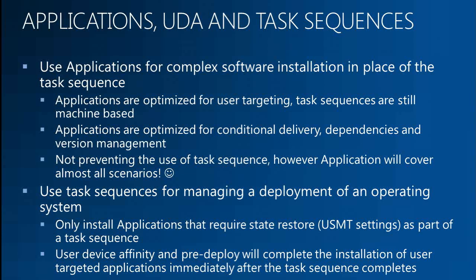The app model also provides you a rich monitoring experience: why it failed, whether it succeeded, what requirement rules failed, why this did not install because the detection method was not created appropriately, or was wrongly created, or whatever. These are the reasons why we believe that apps should be deployed using app model versus the task sequence.